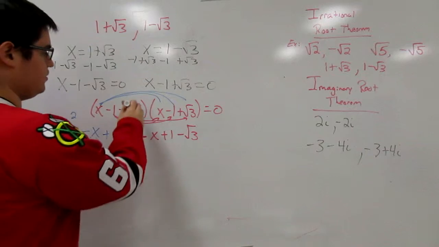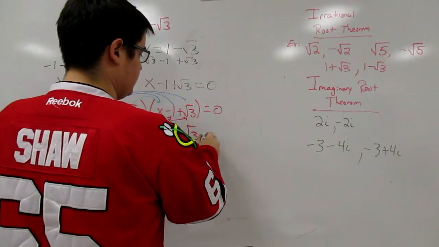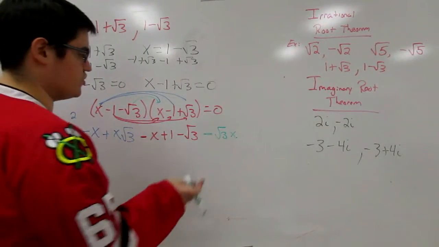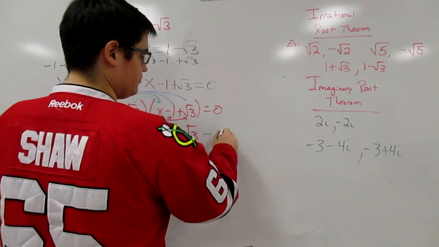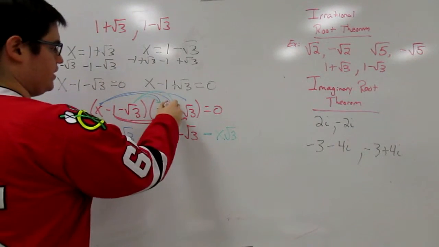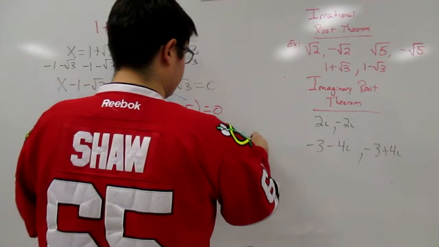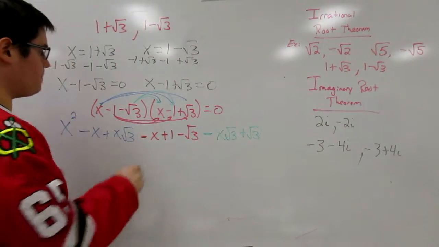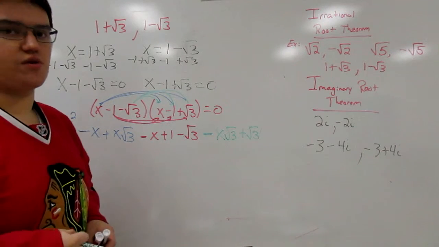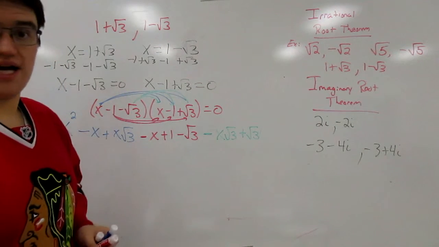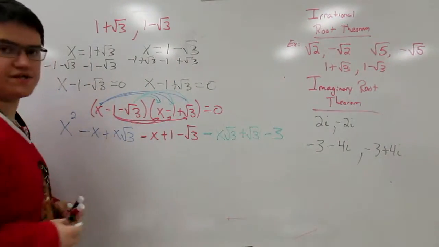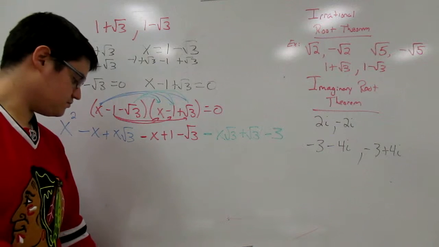And then finally, negative square root 3 times x is minus x square root 3. Same thing. Negative square root 3 times negative 1 is a positive square root 3. And then negative square root 3 times square root 3 is the square root of 9, or minus 3, because of the minus sign.